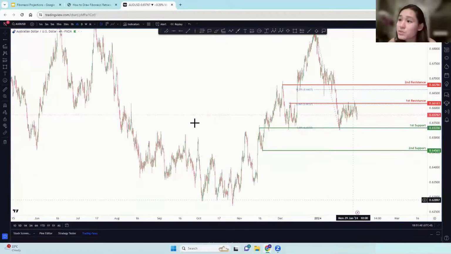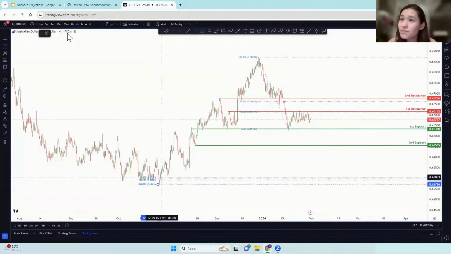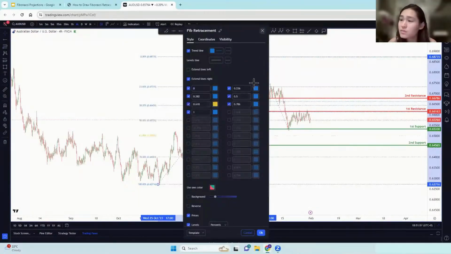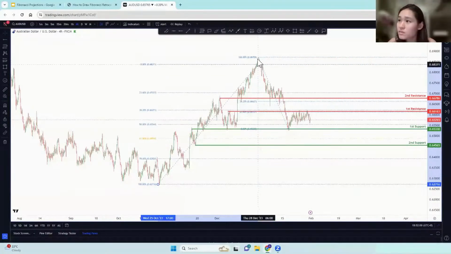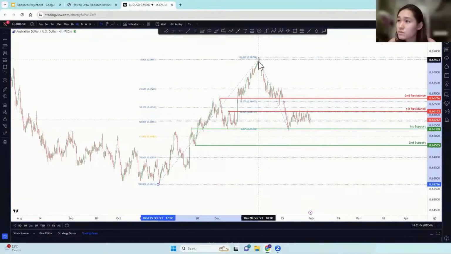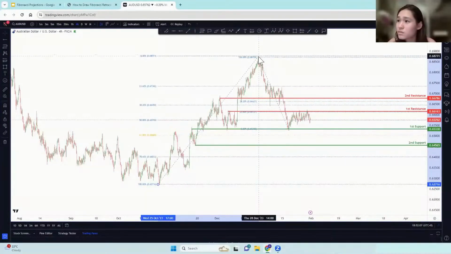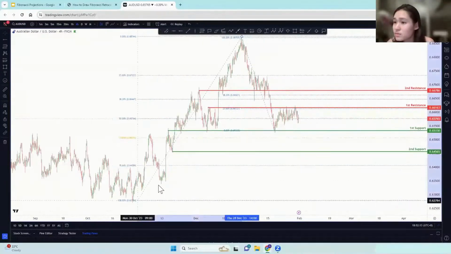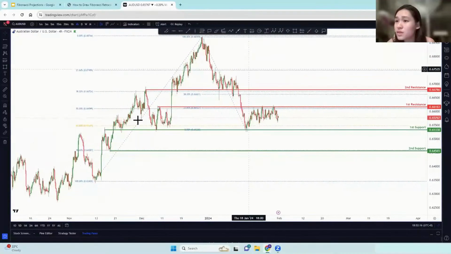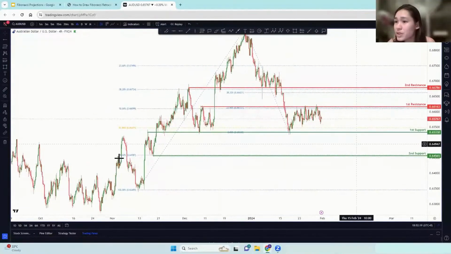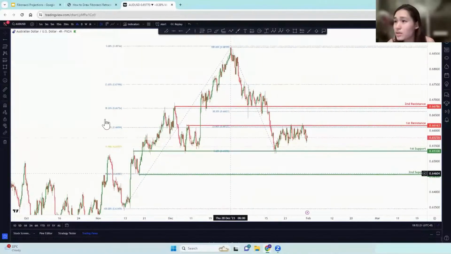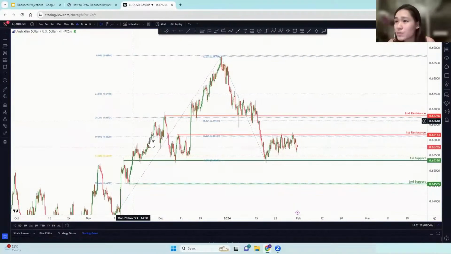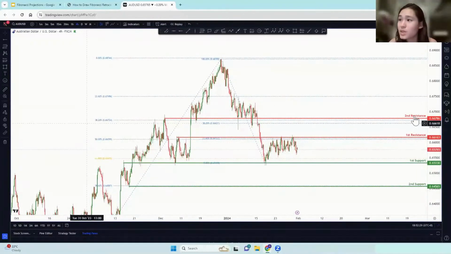Oh, okay. So if we zoom out, we also have this retracement here. My 61.8 lines up with my first support, 78.6 lines up with my second support, and even though this 38.2 lines up with the second resistance, we can't use it because price has already broken out of that level.